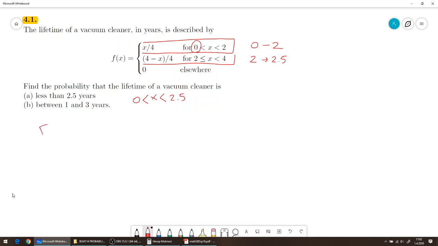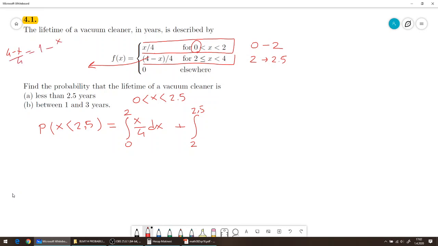Let's start with the probability that x is less than 2.5 equals the integral from 0 to 2 of x over 4 dx plus from 2 to 2.5 of 4 minus x over 4, which equals 1 minus x over 4, dx.